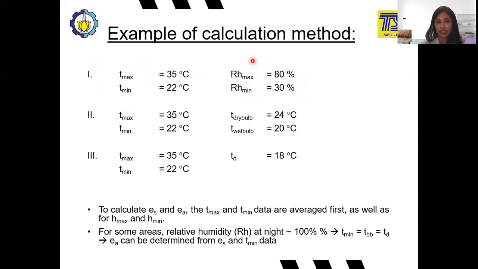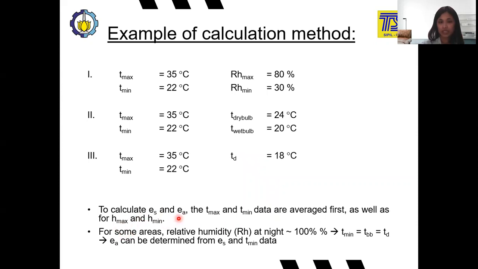And then the second method is if the data known is the maximum and minimum temperature and the psychrometer is used, so we know the temperature of dry bulb and wet bulb. And the last method, if we know the maximum and minimum temperature, and then we know the dew point temperature. Here is the dew point temperature, TD.